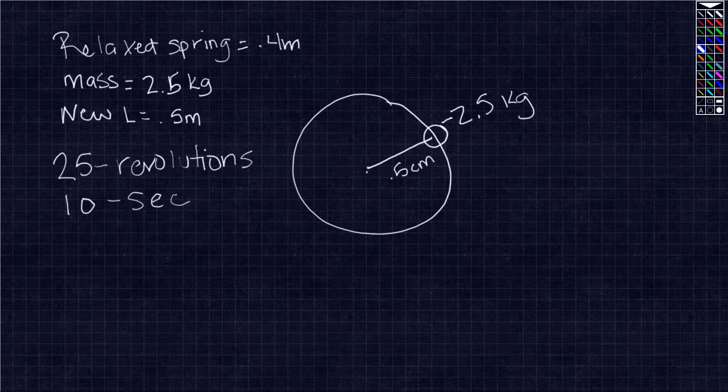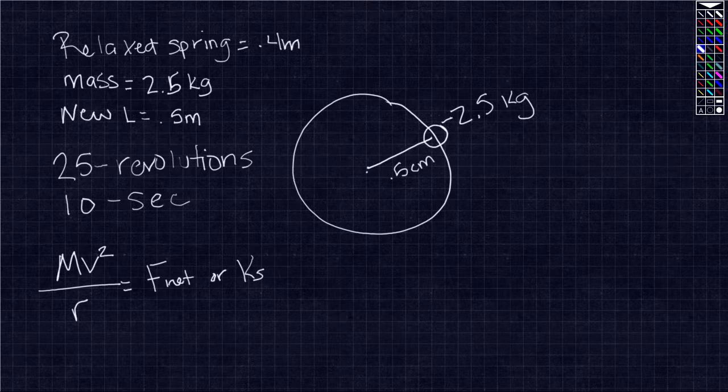Well, we're going to use the formula of mv squared over r equals F net, or in our case, Ks, the stiffness. The only problem is, right now, we don't know V.